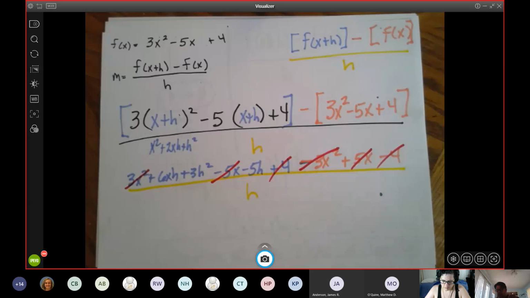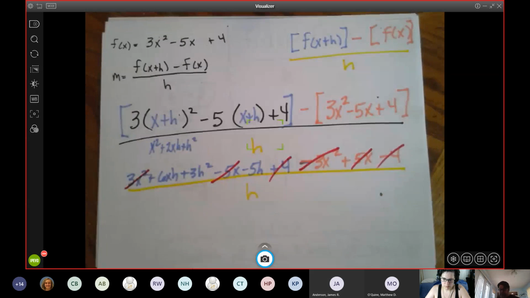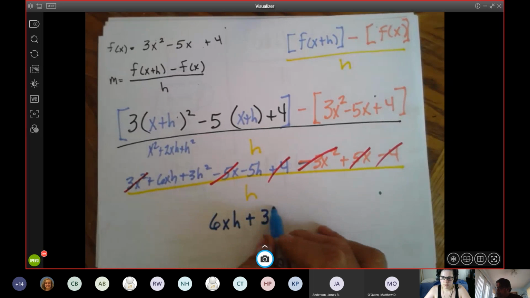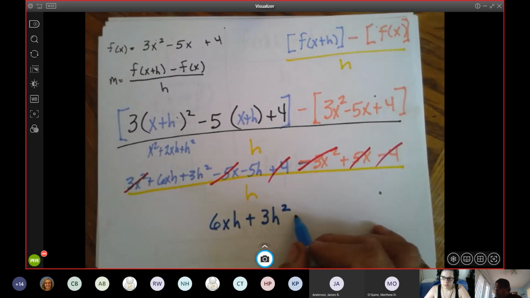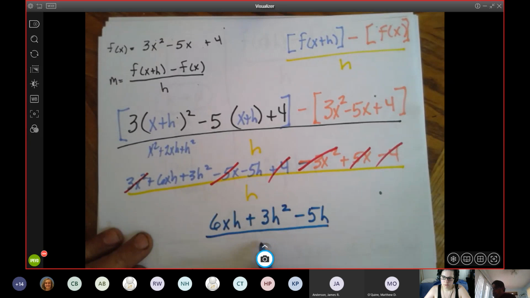terms, usually. So that leaves us with, and I'm just going to write this in dark blue because we're getting close to the answer, 6xh plus 3h squared minus 5h over h.